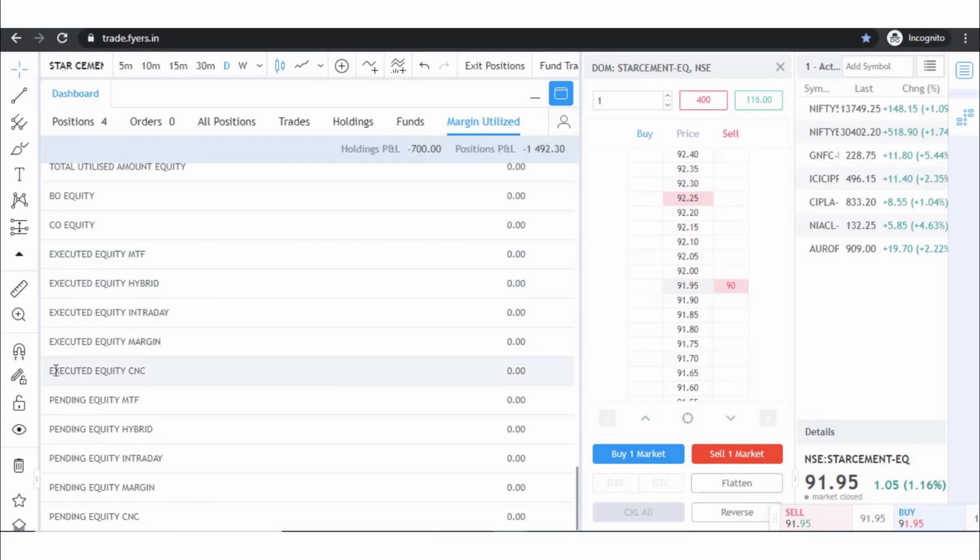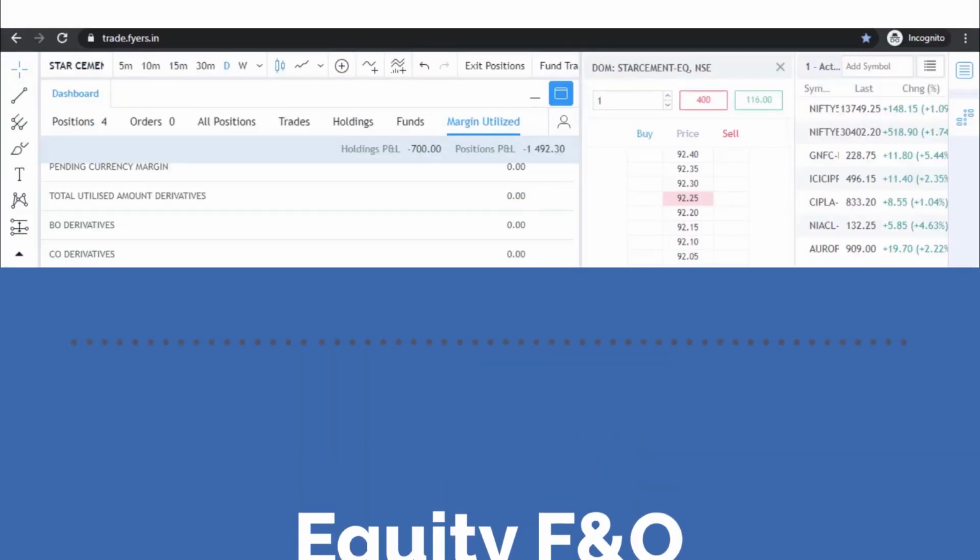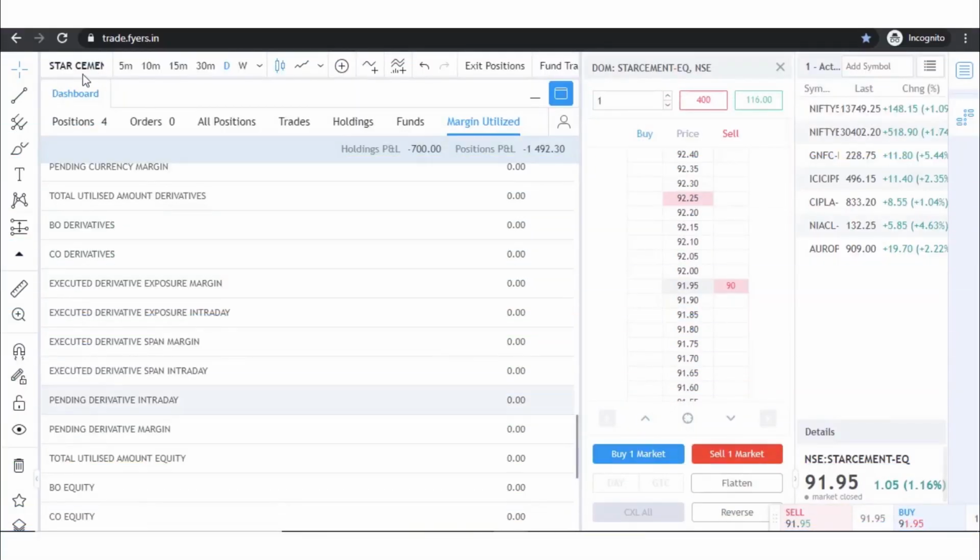Second, equity F&O. This section includes margins utilized for all orders and trades in the equity and F&O segment, and it includes intraday trades, overnight trades, cover orders and bracket orders.